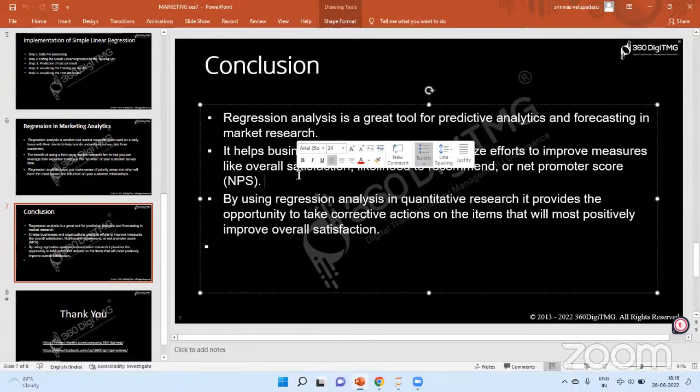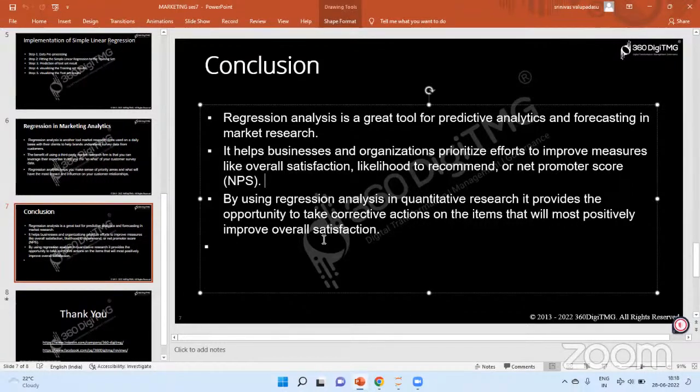How much amount will be spent by the customers next month? So we can do forecasting with the regression concept, and it helps businesses and organizations prioritize efforts to improve measures like overall satisfaction, likelihood to recommend, or net promoter score, NPS.